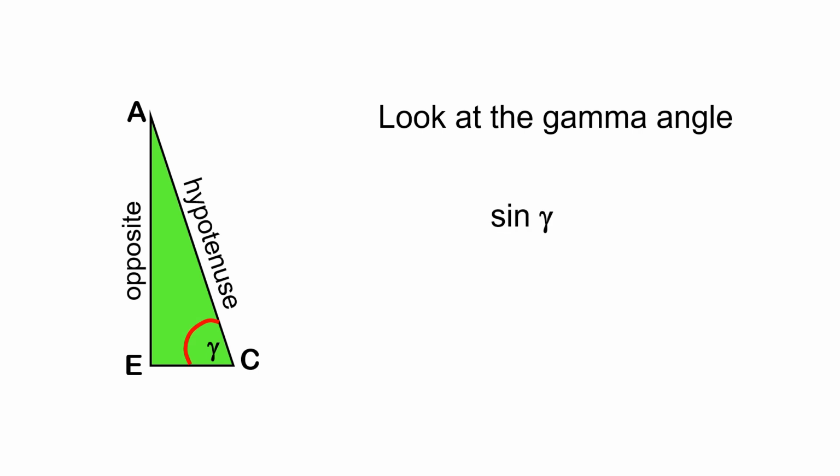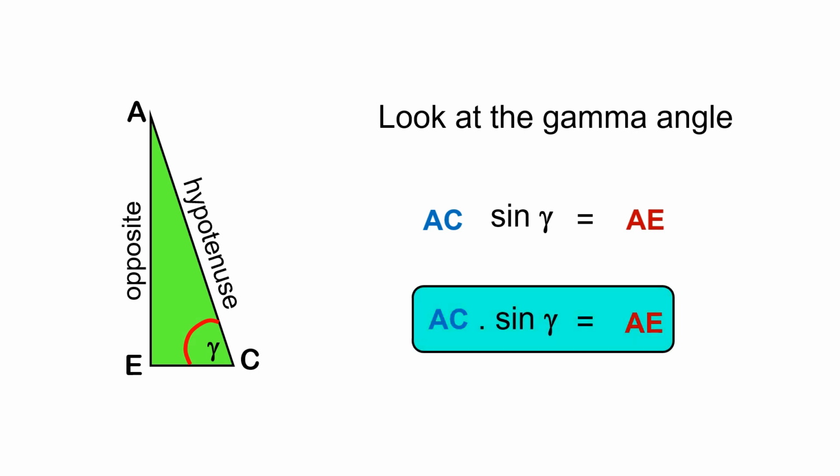So sine gamma is AE over AC. Focusing on AE, we change its form to the multiplication of side AC by sine gamma. This is the first result.